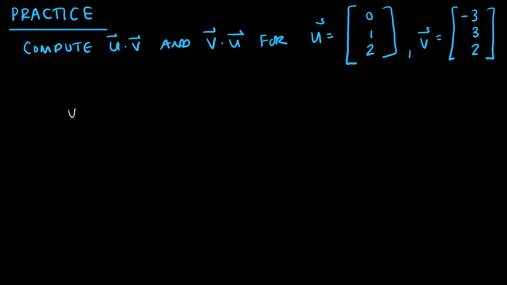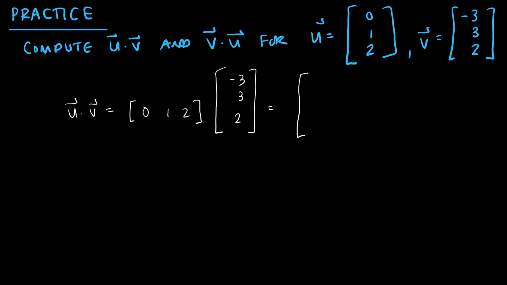So again, if I'm computing u times v, then technically I'm taking u and turning it into 0, 1, 2, and I'm keeping v exactly as it is. But remember, we just talked about the fact that it's not necessary to write them in that way, because all I'm going to be doing is multiplying component-wise.